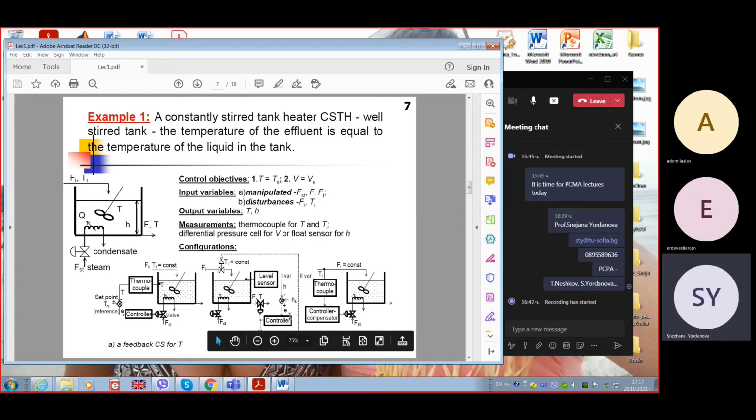So if the error shows the level is beneath the set point, in this variant here it means we have to increase the level.